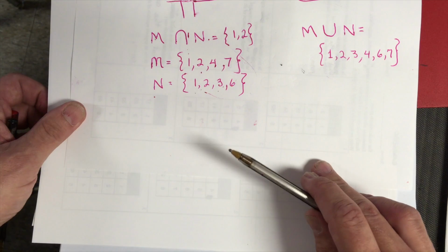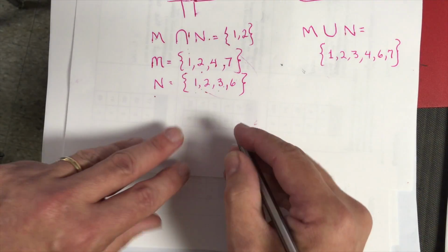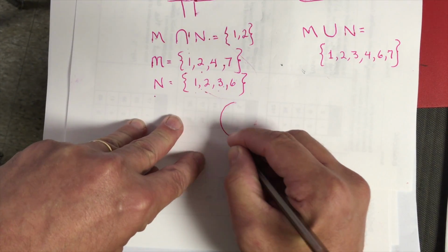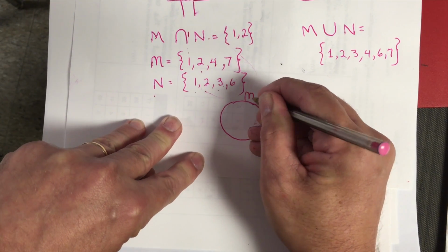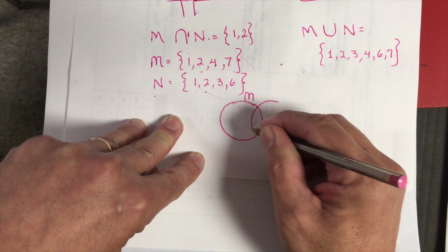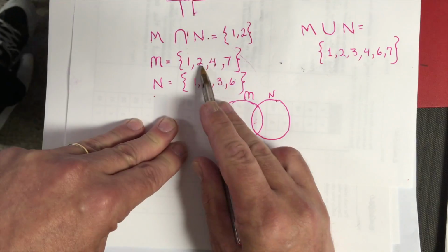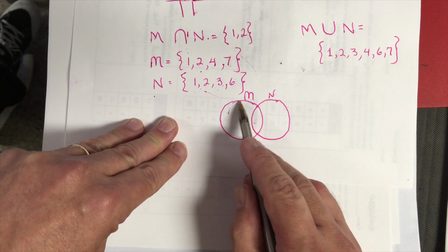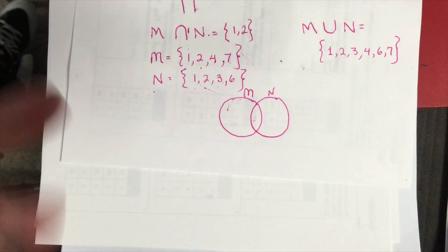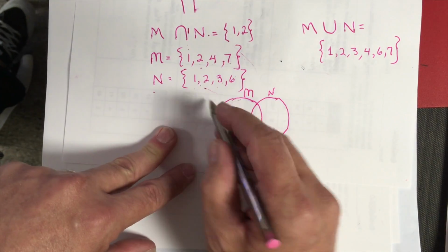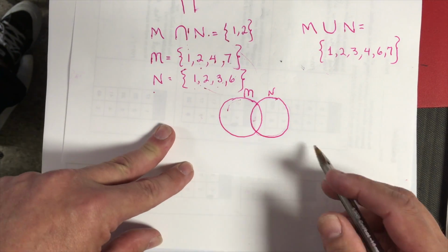Now, a Venn diagram, actually named after a guy named Venn who came up with this. What if we said this was set M and this is set N? 1, 2, 4, and 7 are all in set M, so they belong in this circle here. 1, 2, 3, and 6 are all in set N, so they belong in this circle here.